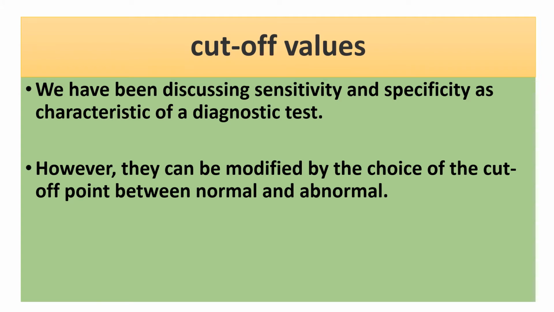When you talk about sensitivity and specificity, you also have to talk about cutoff values. We've been discussing sensitivity and specificity as characteristics of a diagnostic test. However, they can be modified by the choice of the cutoff point between normal and abnormal.